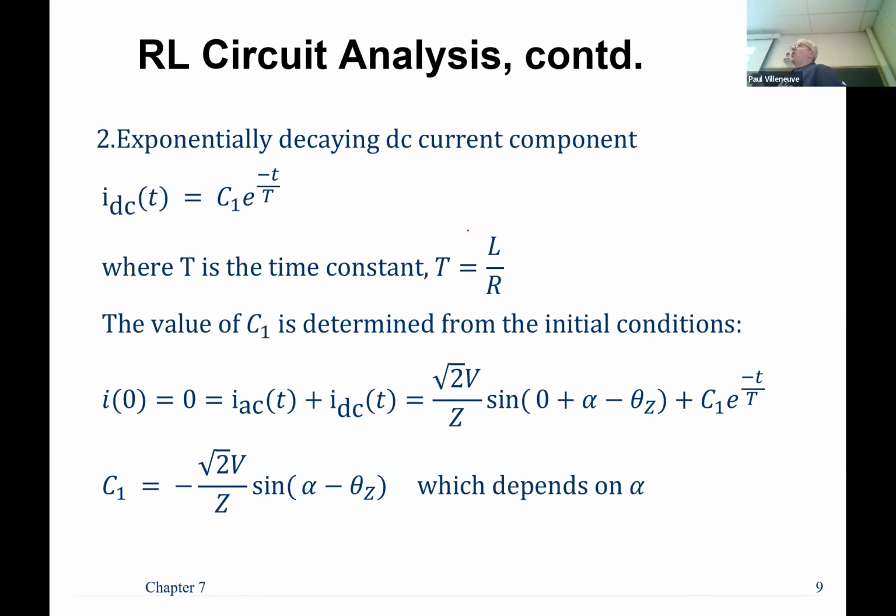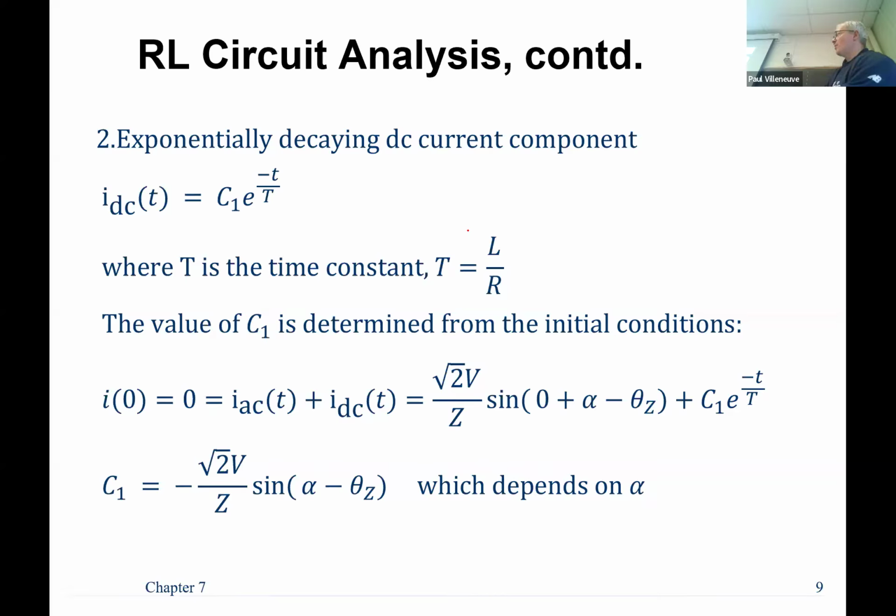It either will try to store massive amounts of current, or try to dump it out, depending on the condition. So you can see my value of C1, it's just a parameter, but it's heavily dependent on where you are in the sine wave. That alpha term is where you are in the sine wave. Are you at 30 degrees, 45 degrees, et cetera.